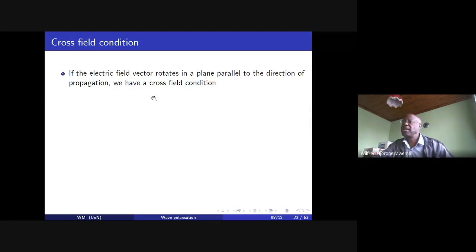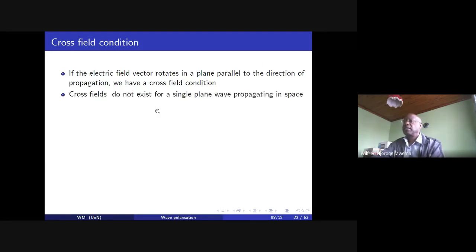Cross fields are usually not very nice, especially when you are dealing with antenna arrays, and they usually introduce a distortion in the signals, and the characteristic of your antenna array will also be compromised. So the cross field condition is not possible when you have only one wave, a plane wave propagating through space, because there's nothing to interfere with it. But there are several ways in which they can occur.